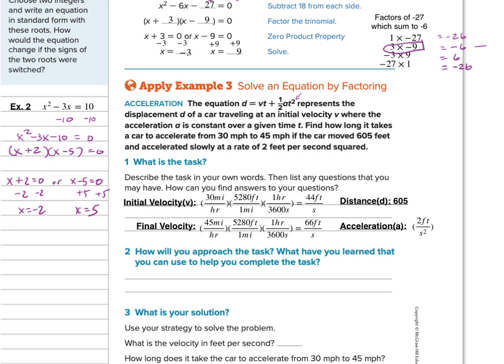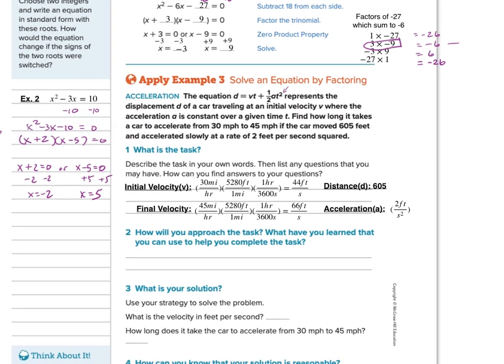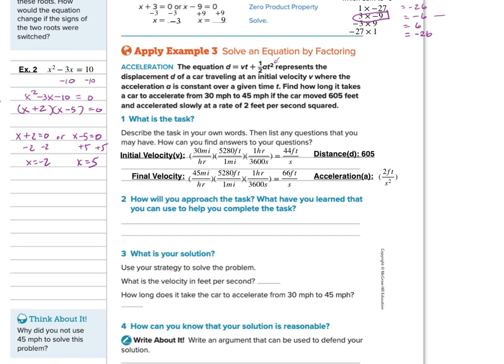My initial velocity, we started off from 30 miles per hour, converting my miles to feet, my hours to seconds, and my initial velocity is 44 feet per second. So that's how we are doing some conversions there to fill in the formula.